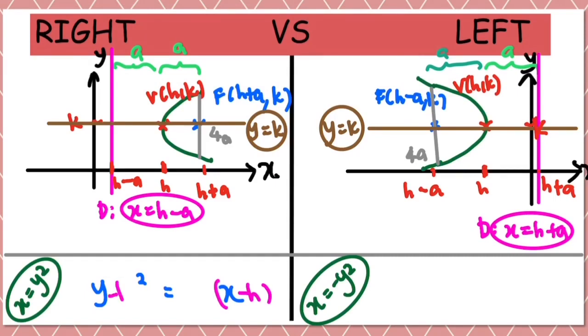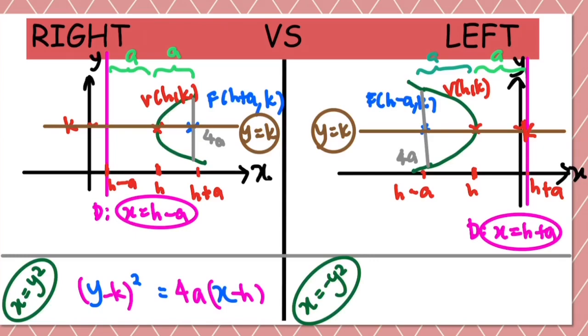So let's put in x always minus your h, y always minus your k, and you need to multiply coefficient 4a in front of the linear. So this is now the equation of parabola opening right, where y minus k squared equal to 4a, x minus h. So this h and this k here is actually your vertex, and this a here is the distance just now from vertex to directrix or from vertex to focus.